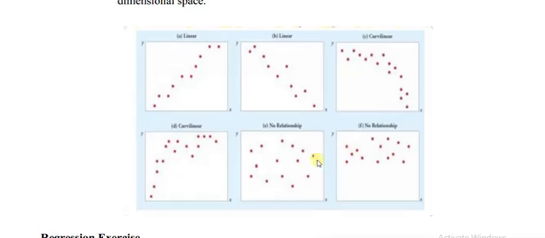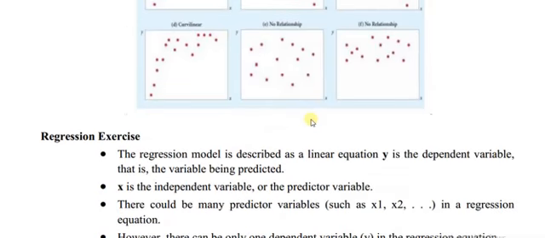This represents no relationship, because there is no place where more data points are present. Whereas if we look at the above four plots, we can judge that there is a relationship between the data points.